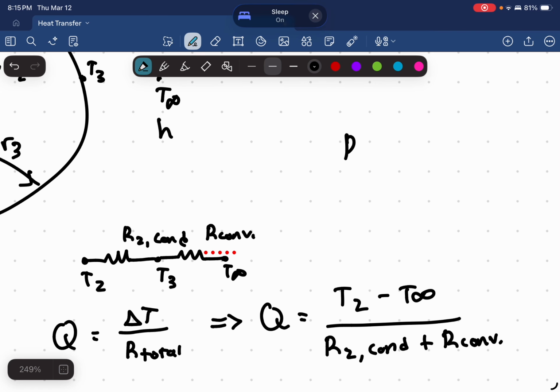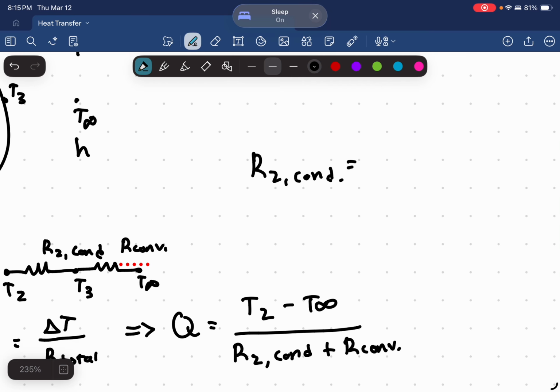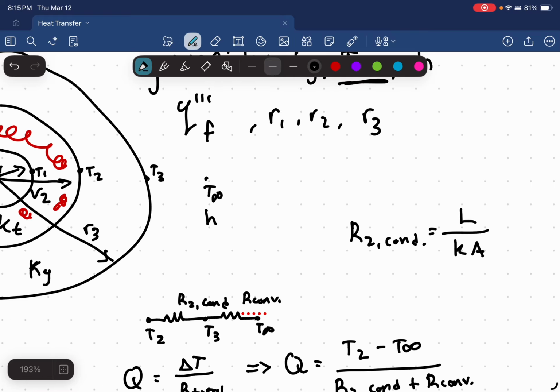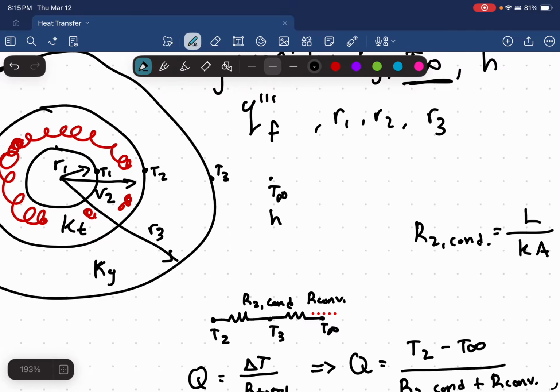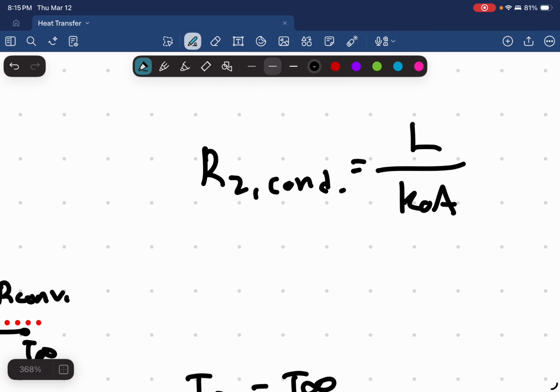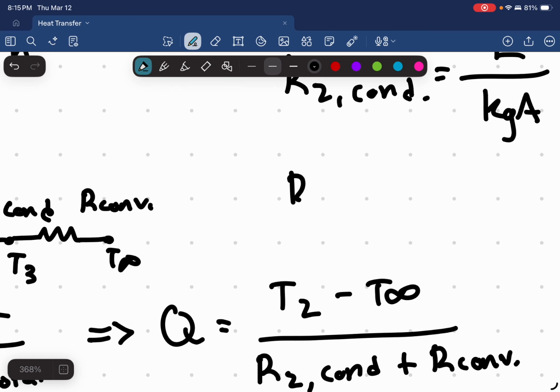And R2 conduction is, for conduction, thermal resistance is L over Ka, and this K is between R2 and R3. So this is the Kg. And then for convection, it's 1 over Ha.